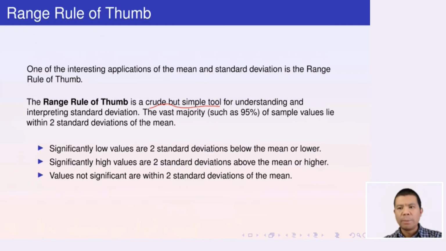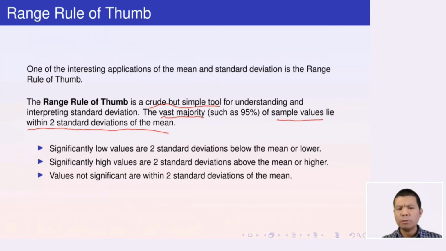Given a sample, you can find the sample mean and also the sample standard deviation. The range rule of thumb states the following: the vast majority of the sample values lie within two standard deviations of the mean.